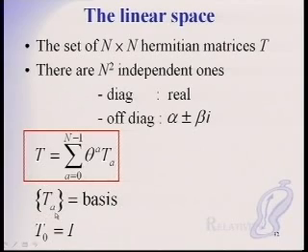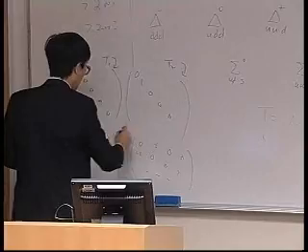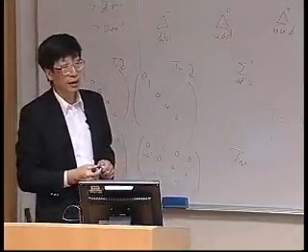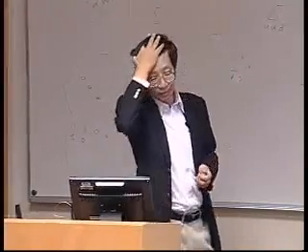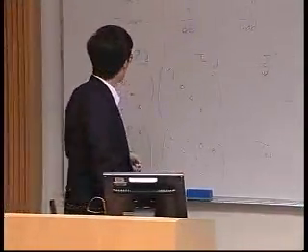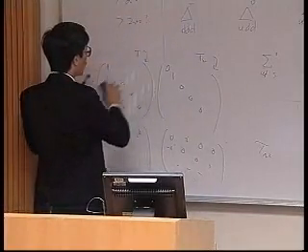I call them T sub A. So this is, if you like, T1, this is T2, and so on, all the way up to T n squared. Okay? These are the basis matrices. But I always do a transformation such that, in fact, I will do the following. I take T0 to be the identity.